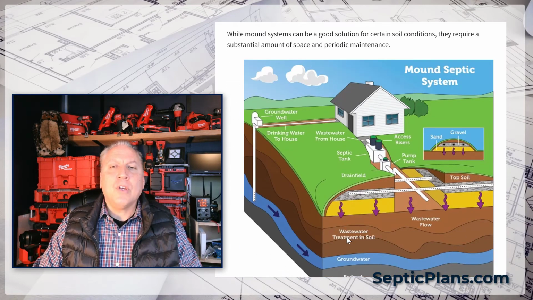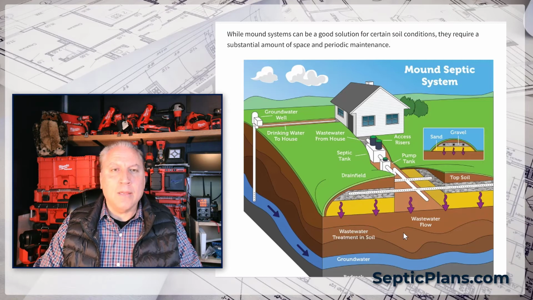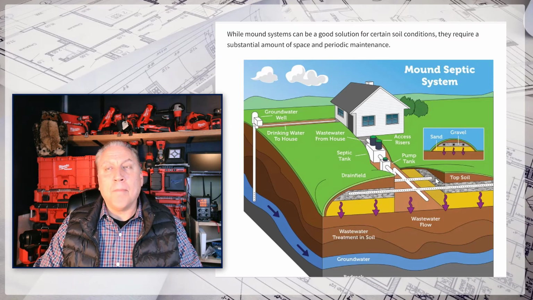If you have soil that does not have proper drainage, you may have to build a mound that has sand and some other components that help the drainage before it gets into the bottom of the regular topsoil. Sometimes soil is too compacted, or it's too muddy, or it's clay where it's not going to drain properly, so you have to build a mound on top of it.